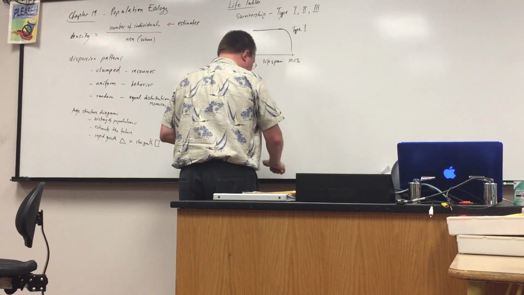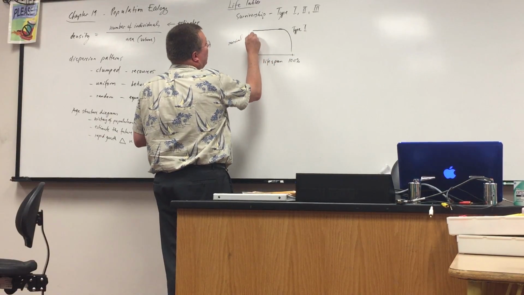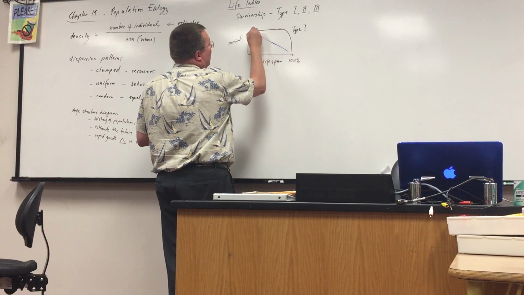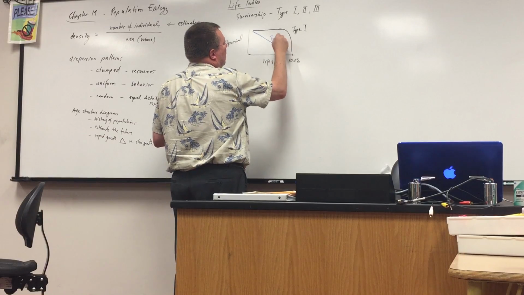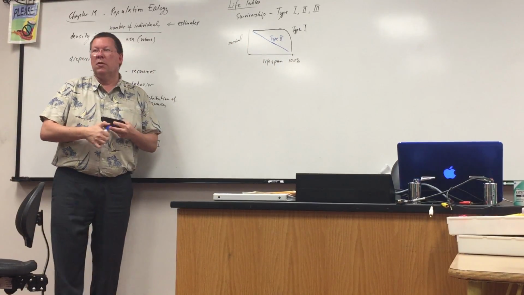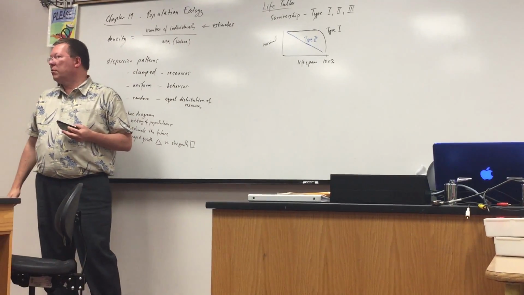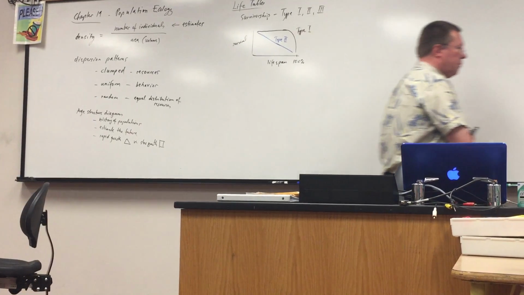Then you also have something called type 2, which is different because in a type 2 curve, the chance of dying is essentially constant throughout the organism's life. Small mammals, amphibians, reptiles, you find that those tend to be in a type 2 survivorship curve.